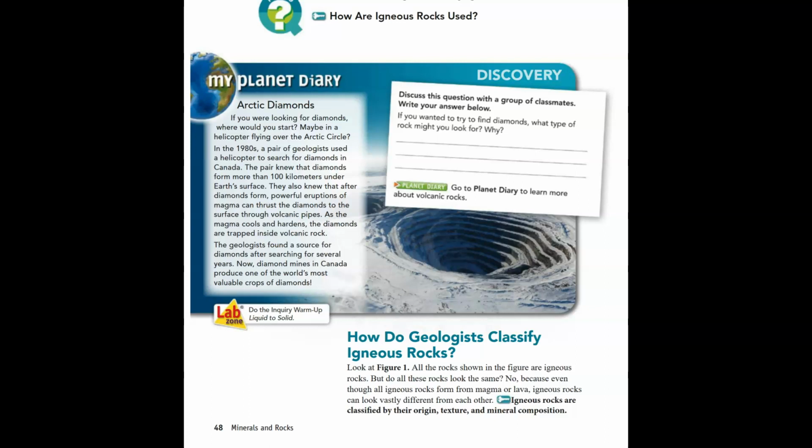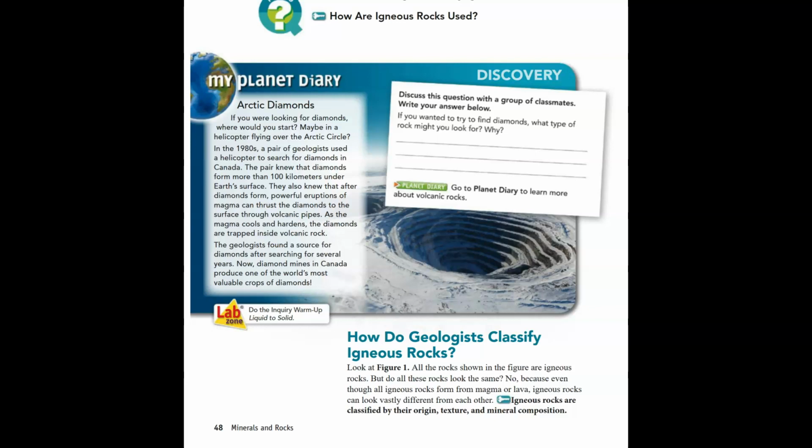They also knew that after diamonds form, powerful eruptions of magma can thrust the diamonds to the surface through volcanic pipes. As the magma cools and hardens, the diamonds are trapped inside the volcanic rock. The geologists found a source for diamonds after searching for several years. Now, diamond mines in Canada produce one of the world's most valuable crops of diamonds.